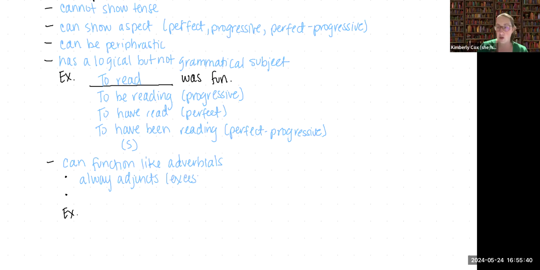So non-essential. And they are also considered to be dangling if not next to the logical subject. And I'm going to put subject in scare quotes because, again, it's a logical and not a grammatical subject.